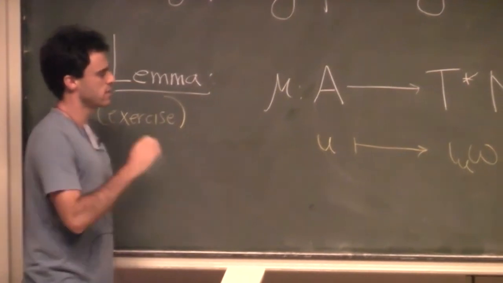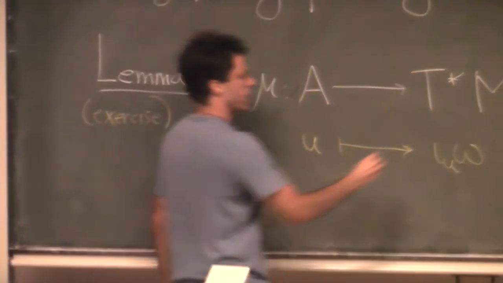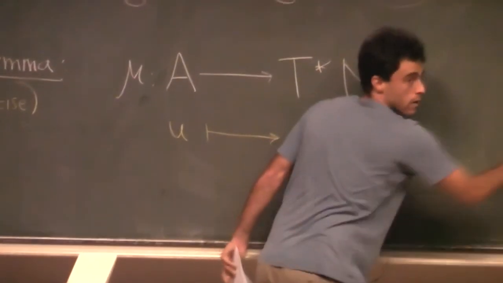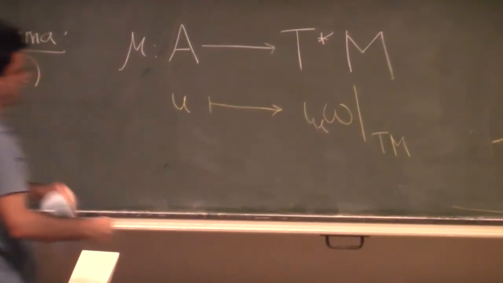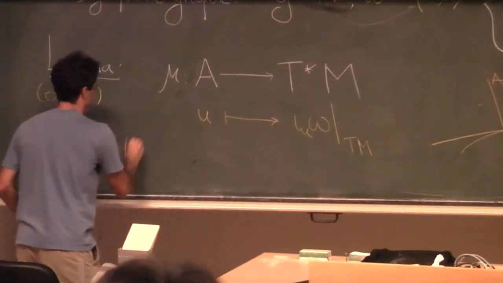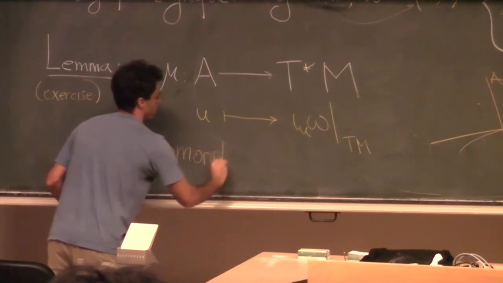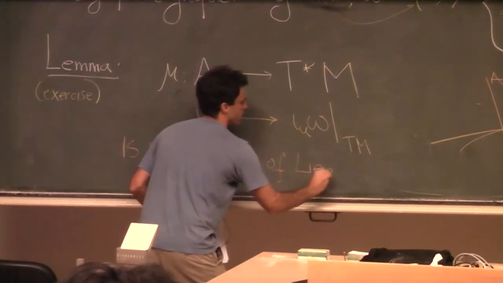So you have something that is in the dual of the tangent bundle of the Lie groupoid at that point, and then I restrict it to TM, just to this part. That's the explicit map. And the claim is that this is an isomorphism of Lie algebroids.